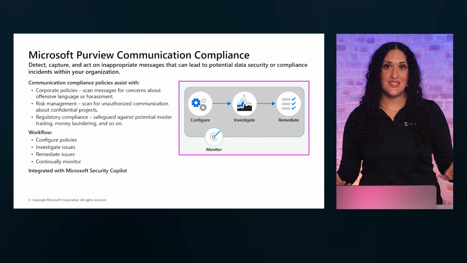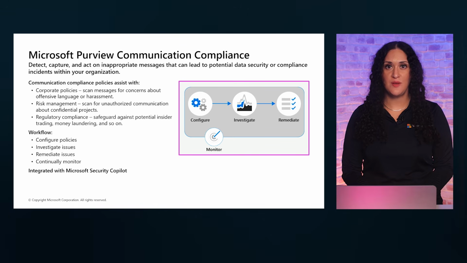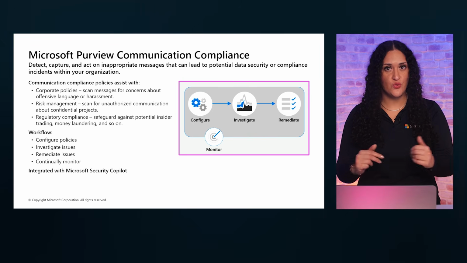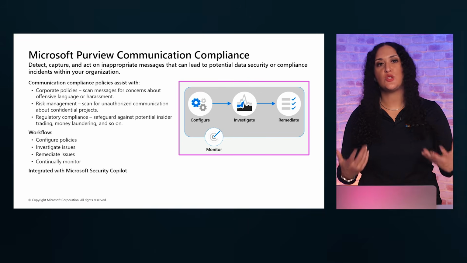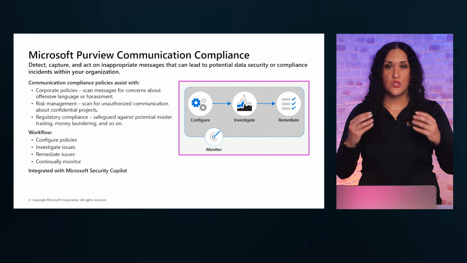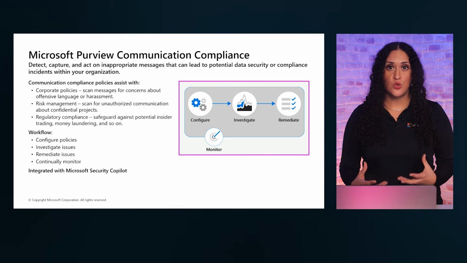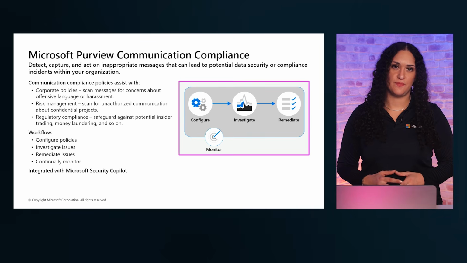You can configure policies based on corporate rules, risk management needs, or regulatory requirements, so the system knows what to look for and when to flag a message for review. This makes communication compliance especially useful in industries where strict oversight is crucial, because a single message can create legal or reputational risk.